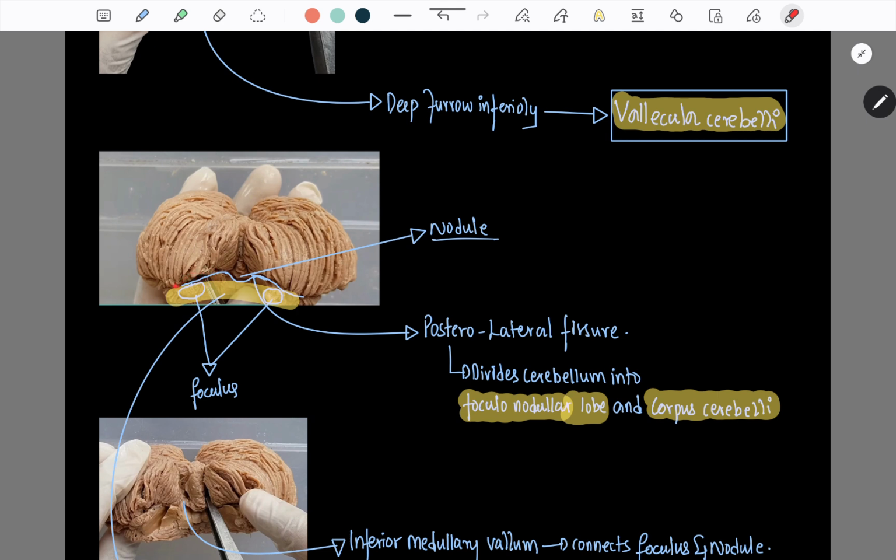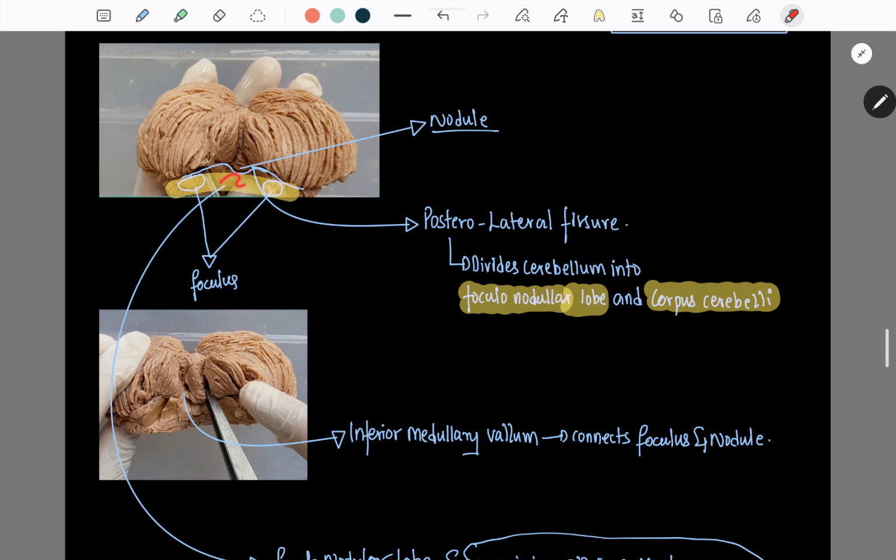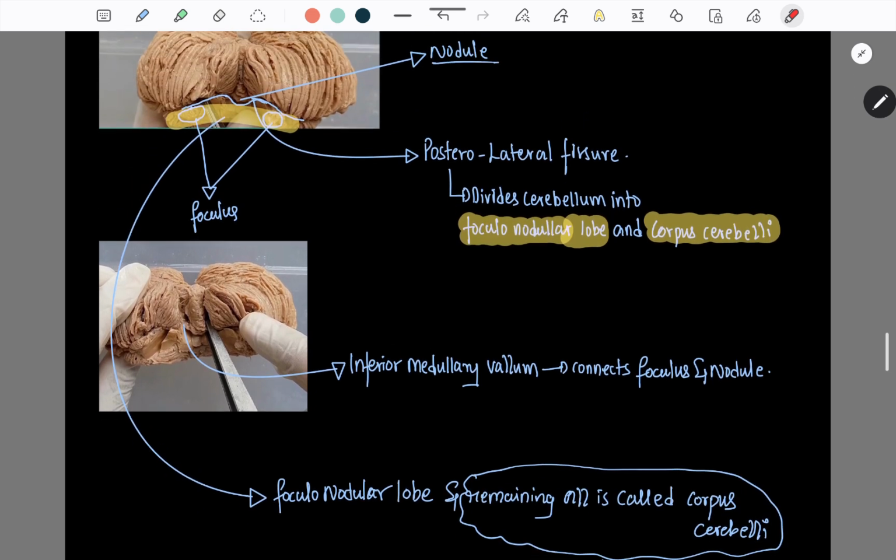You can see a fissure called the posterolateral fissure. It divides the cerebellum into the flocculonodular lobe and the corpus cerebelli. This yellow portion is called the flocculonodular lobe, and the remaining part is called the corpus cerebelli above.